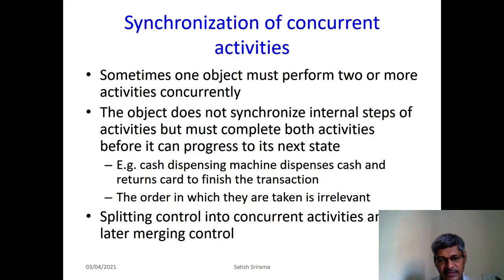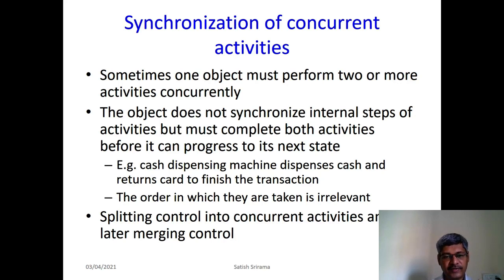For example, think about a cash dispensing machine that dispenses cash and also has to return the card to finish the transaction. That object is doing two activities concurrently. The object does not synchronize the internal steps of the activities but must complete both activities before it can progress to its next state.